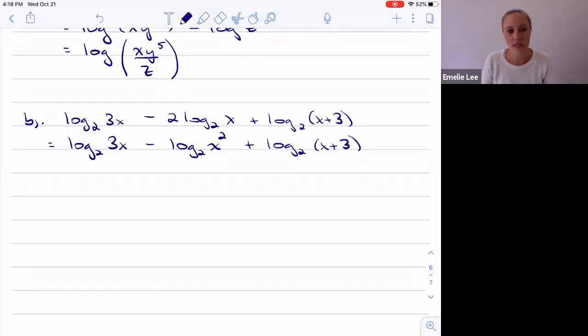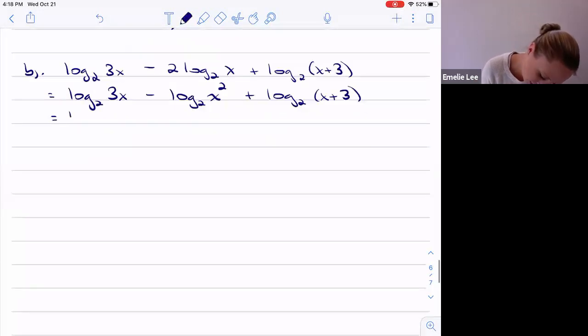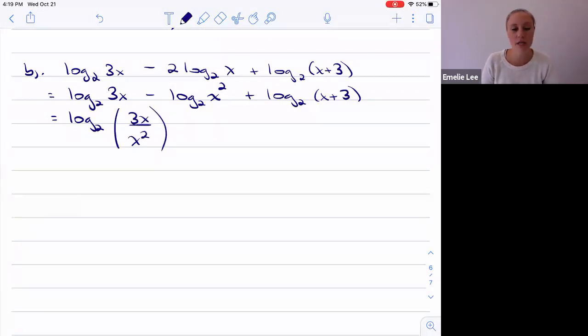Like I said, because you're going to end up multiplying and dividing, the order that you do these doesn't matter. So I'm just going to put the first two together and then deal with the third one. So log base 2 of 3x minus log base 2 of x squared is the same as 3x divided by x squared. So log base 2 of 3x divided by x squared.